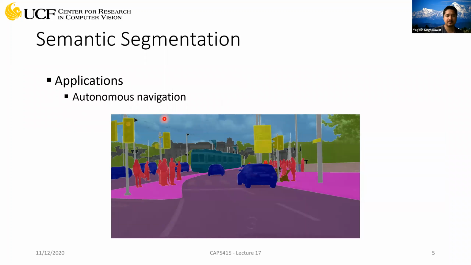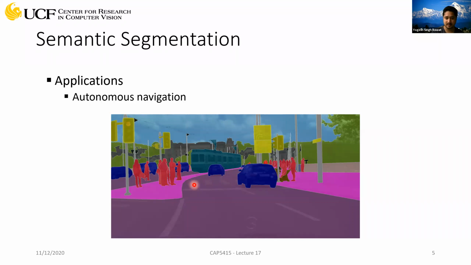So for autonomous navigation or self-driving cars, you will have different kinds of sensors, different kinds of cameras in your car, which will allow that car to make a judgment of what the different objects present in the surrounding or on the road are, right? And to make sense of that, you'll have to perform some kind of semantic segmentation like this.